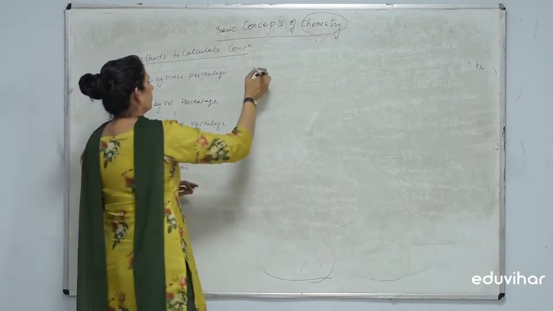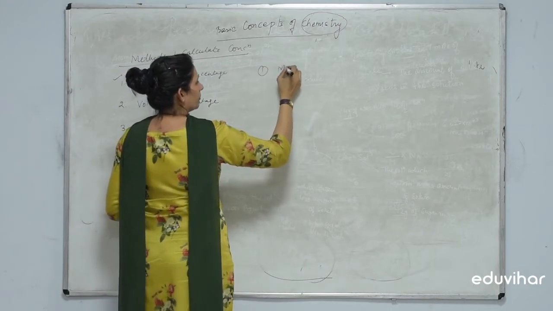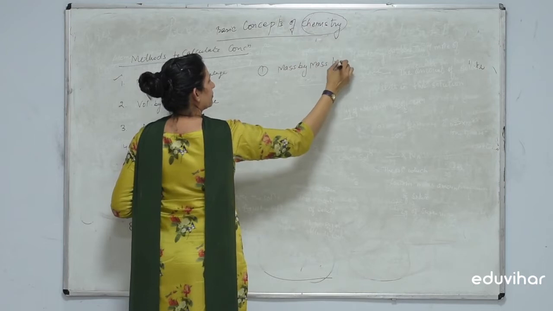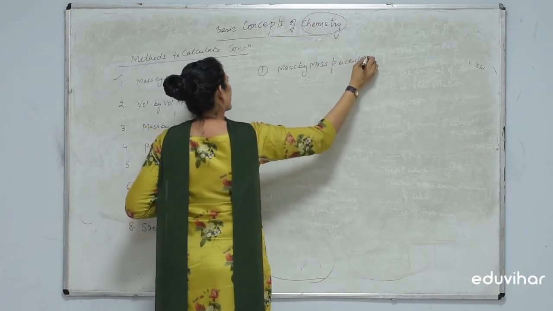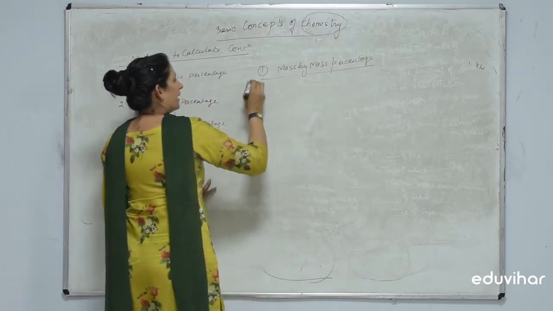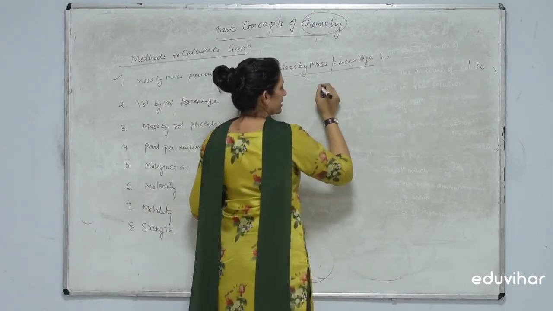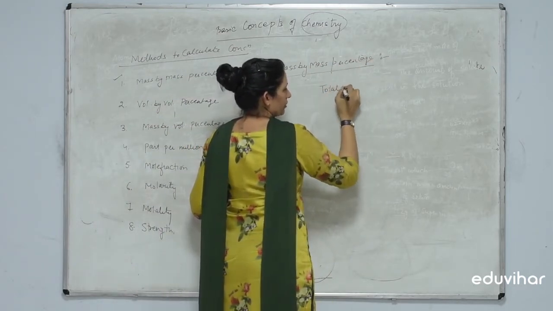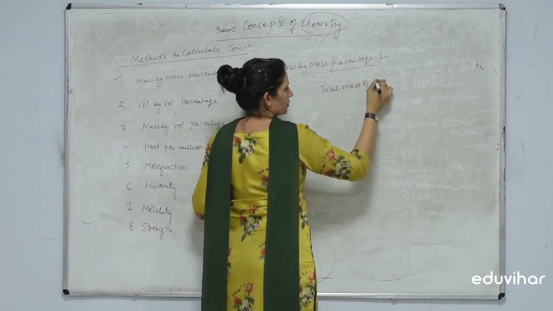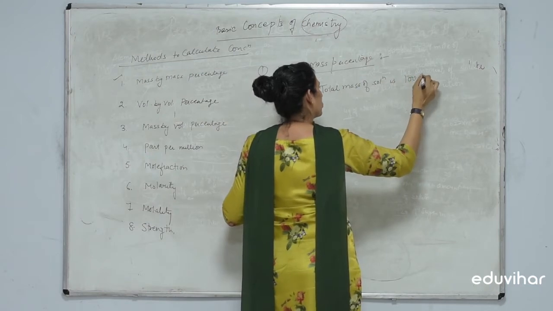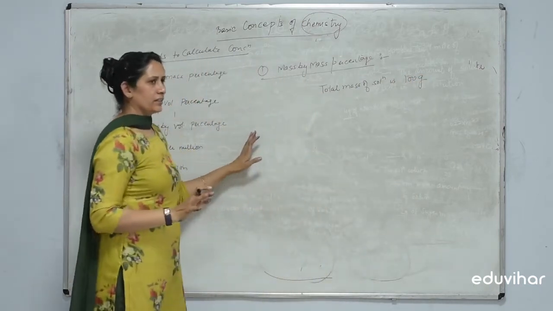First is mass by mass percent. As a percentage is used here, in this case the total mass of solution is 100 gram.